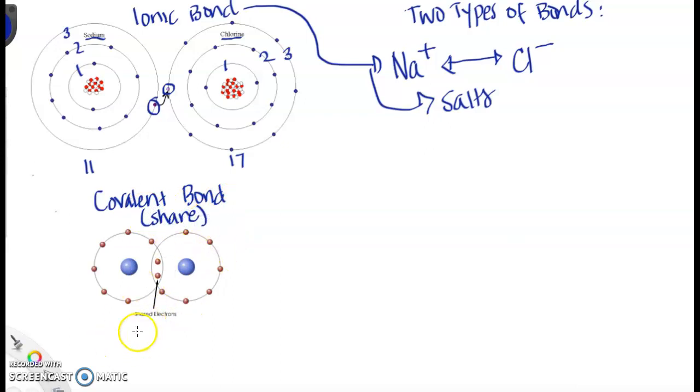These two atoms are both oxygen. Oxygen has 6 electrons in its outer shell. It needs 2, so it can combine and share 2 of its electrons.